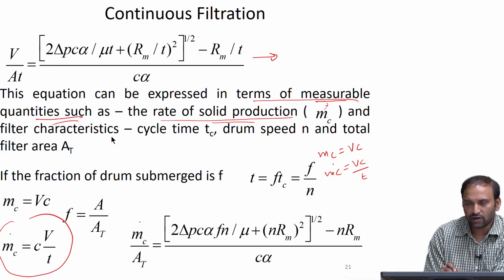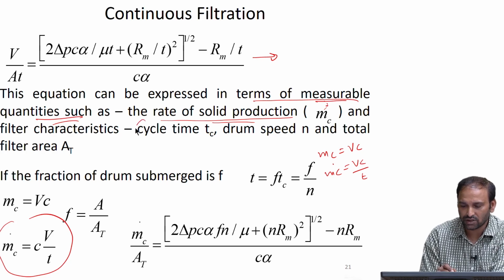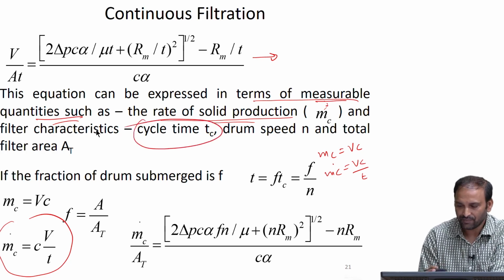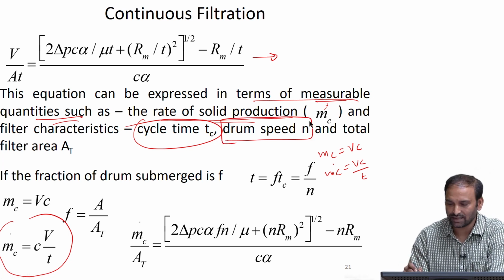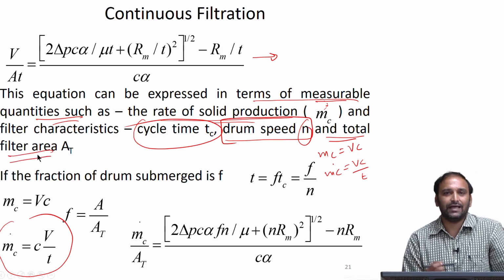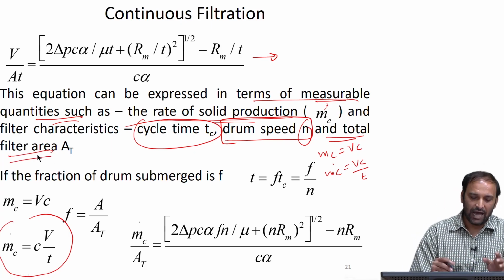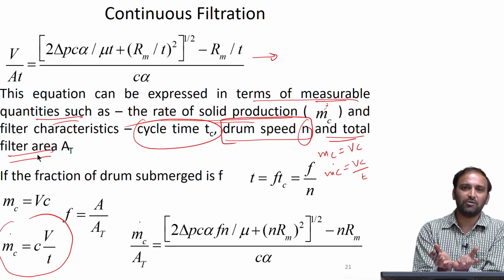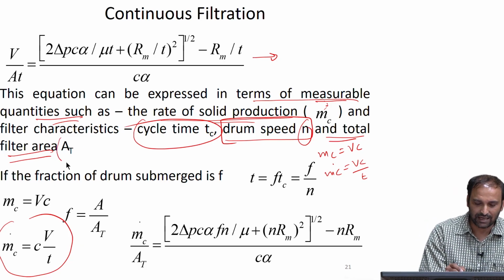If you look at the filtration process, we worry about what is called the cycle time Tc, and also the speed at which the drum is rotating, that is n, and of course the total filter area. So I have the entire drum area, which is At.